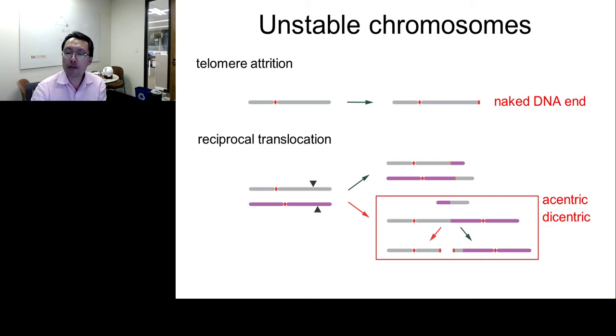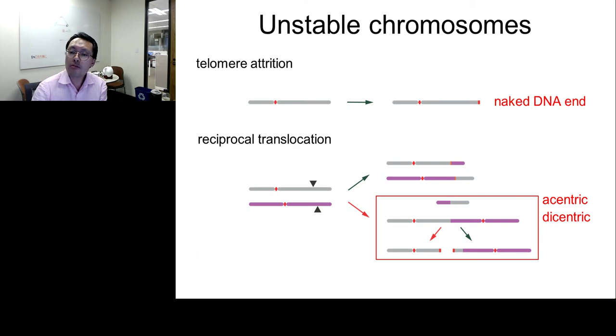Another simpler mechanism that can generate unstable chromosomes is reciprocal translocation. Think about a scenario where two double-strand DNA breaks were generated on two different chromosomes, and the two chromosomes underwent an exchange of genetic material known as reciprocal translocation.